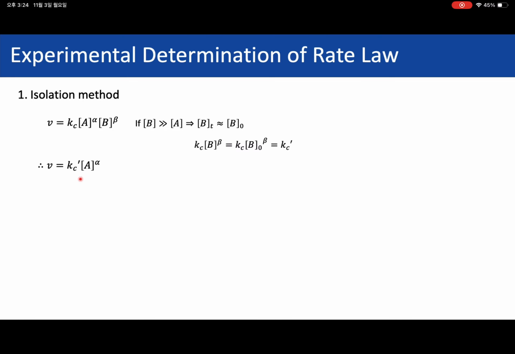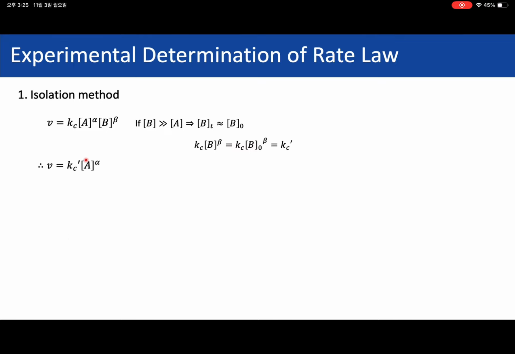Then by just tracing the concentration of A, we can estimate this alpha, or this rate of reaction.